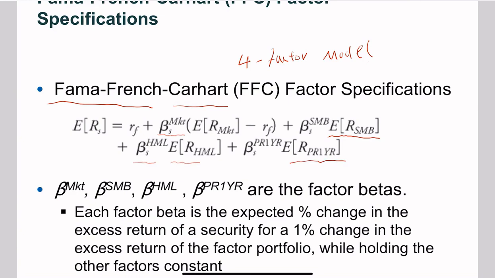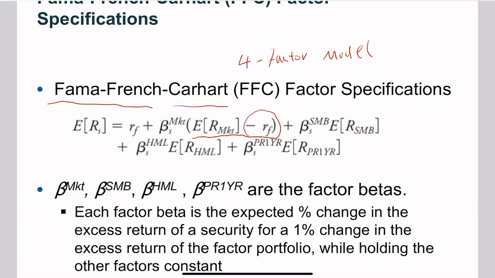And I also want to remind you that you have to be careful whenever you're using this formula to calculate the cost of capital. The reason is that if you look at this market factor, then you have this minus risk-free rate.